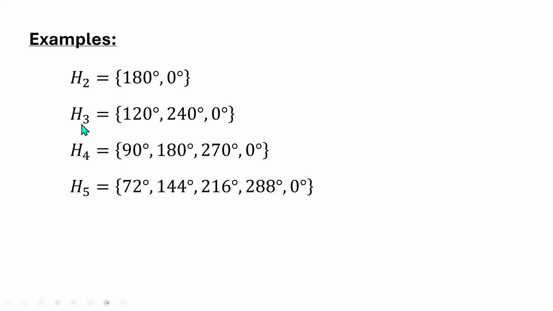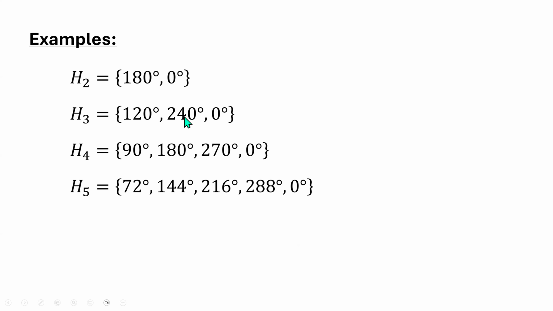H sub 3: the root third harmonic angle is going to be 360 degrees divided by 3, which is 120. And 2 times that gives you 240 degrees. You multiply this by 3, which is the same as adding another 120 degrees to this, and you get 360 degrees, which is equal to 0 degrees when you express the result modulo 360 degrees.